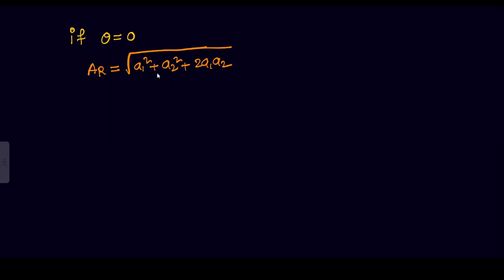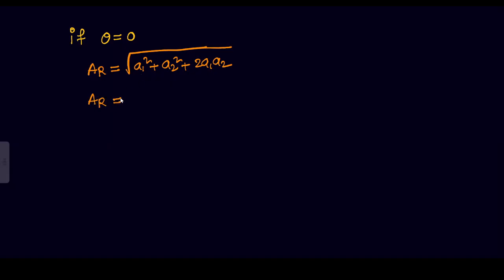Now, if theta equals 0, cos 0 value is how much? Yes, it is 1. Then how much will the resultant amplitude become? The square root of A1 square plus A2 square plus 2A1A2 into cos theta, with cos 0 equal to 1, comes to the (A1 plus A2) whole square form.